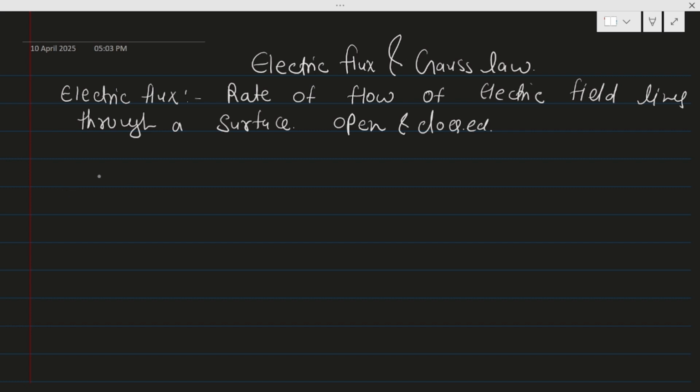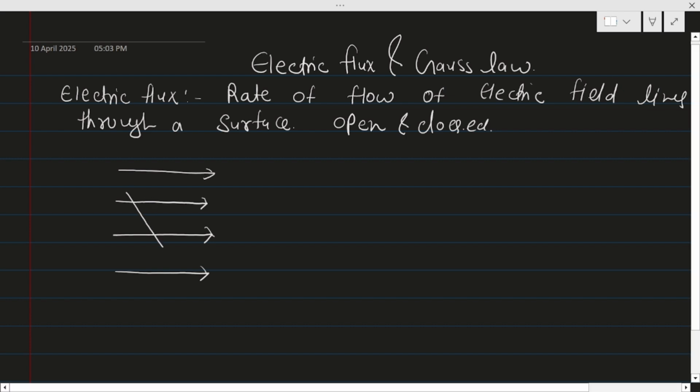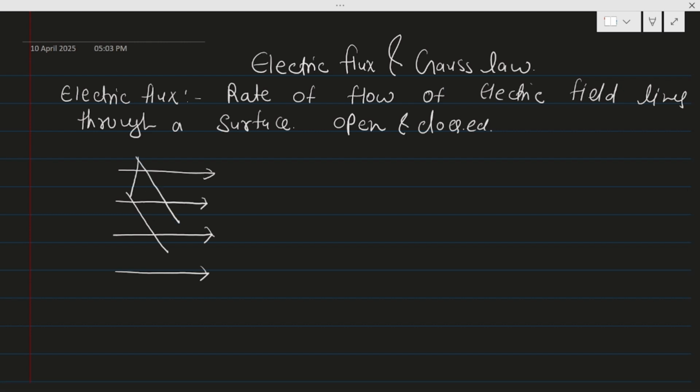So let's understand it in a better way. Suppose these are the electric field lines, and a surface is placed inside it. This is the surface which is placed inside it.